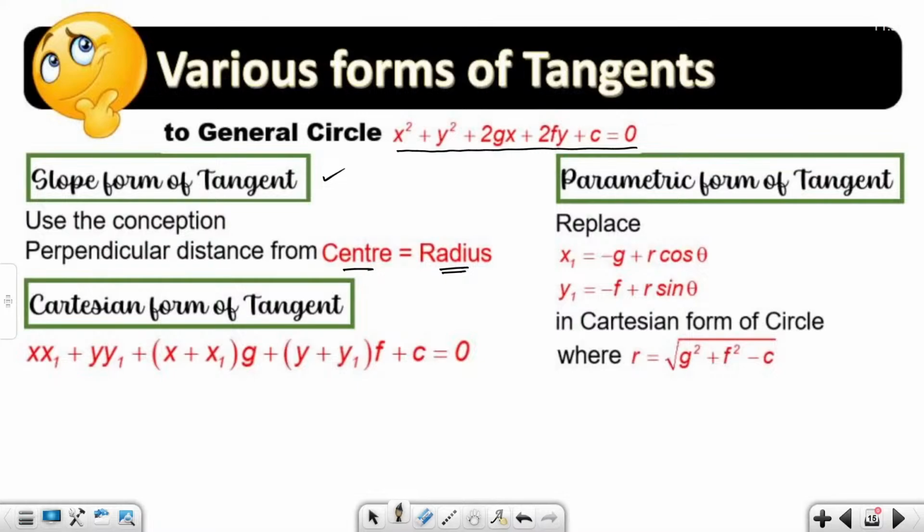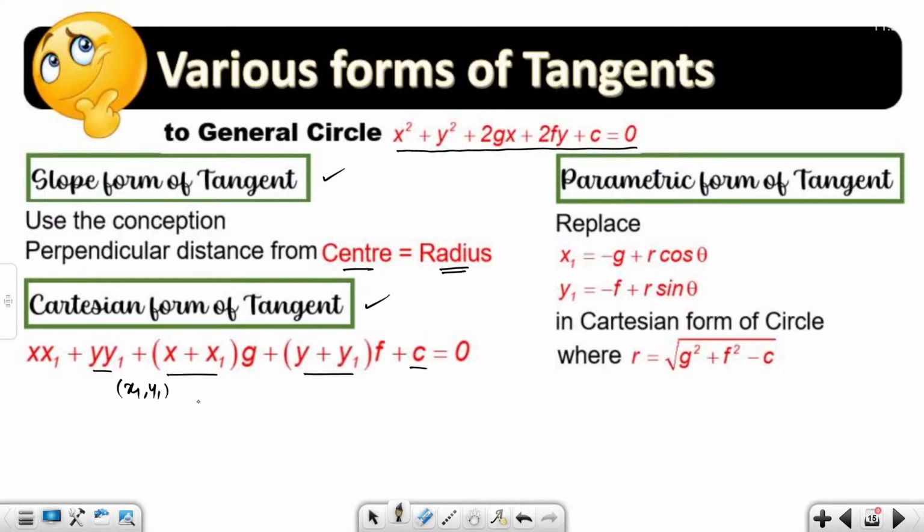Only by using this conception you can find out the slope form of the tangent, right? Cartesian form of the tangent, I have already explained to you that if the point x1, y1 is on the circle, then the equation of the tangent will be xx1 plus yy1 plus this thing plus c equals to 0.